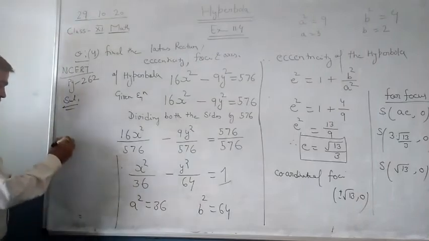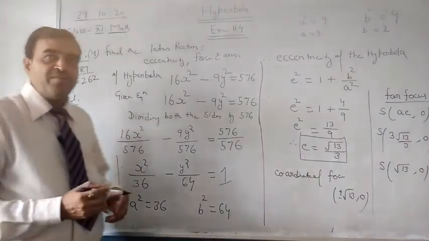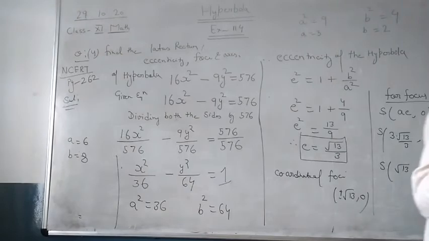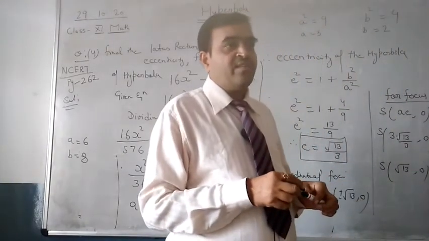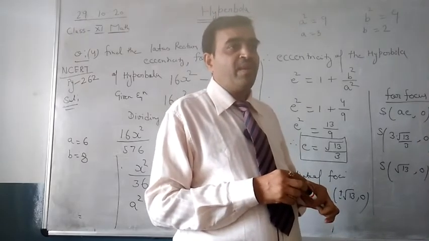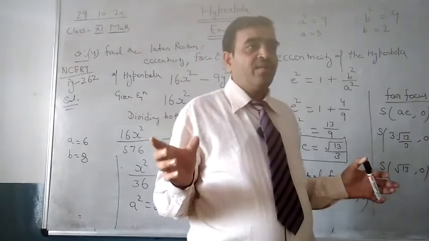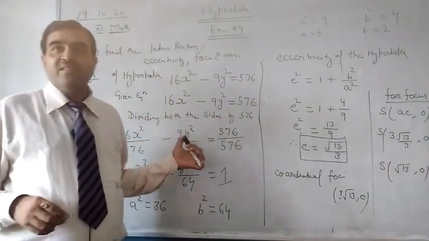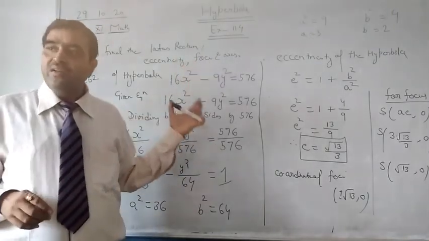It means a is equal to 6 and b is equal to 8. Now find the eccentricity. Eccentricity e is equal to under root 1 plus b square by a square. Similarly, we can find the foci, directrix, and axis of the hyperbola.